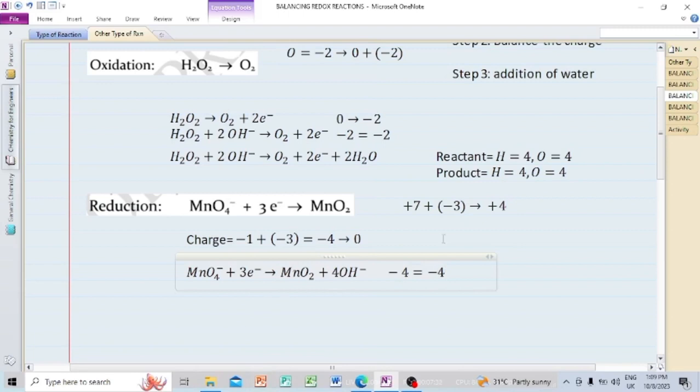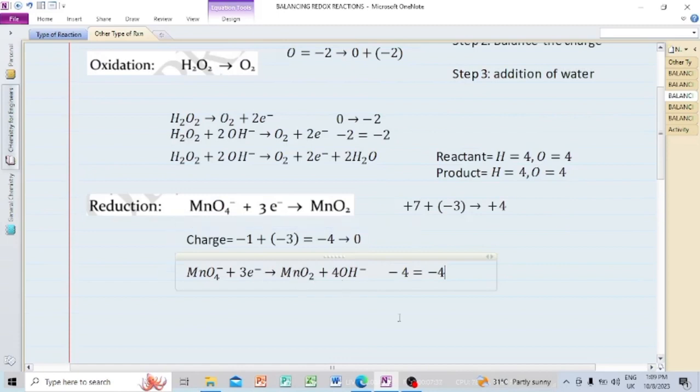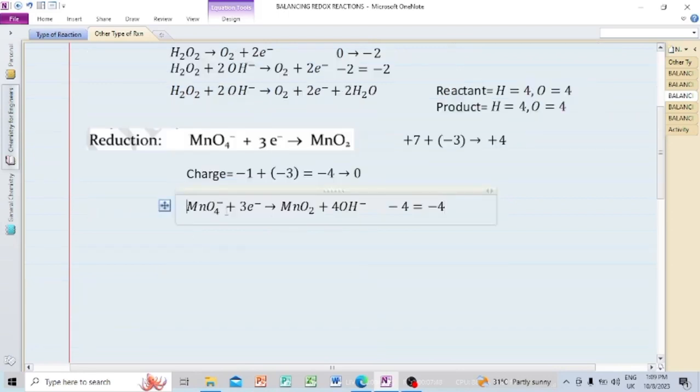Since equal na yung charge nila, we will add water. Since this is basic solution, again, mag-add tayo ng water on the reactant side, since nag-add tayo ng hydroxide ion on the product side. So, let's copy this one. MnO4 plus 3e negative. Okay, let's balance the atom.